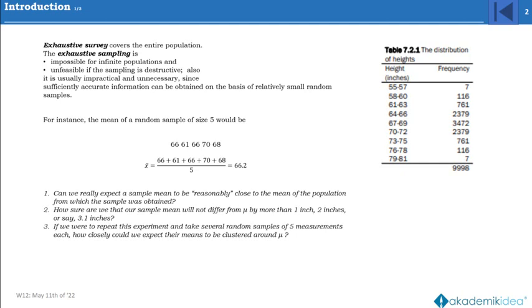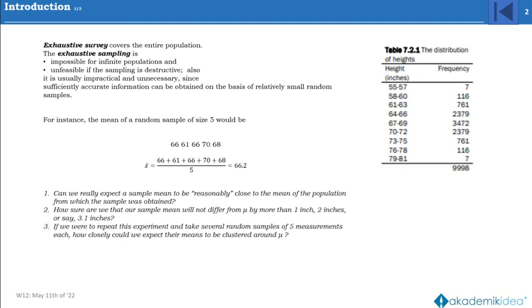It is clear that we cannot reasonably expect every sample mean to coincide with the mean of the population. As a matter of fact, if we pick the distribution given on the previous page, we find that mu is 68 and that our estimate of 66.2 is thus off by 1.8 inches.